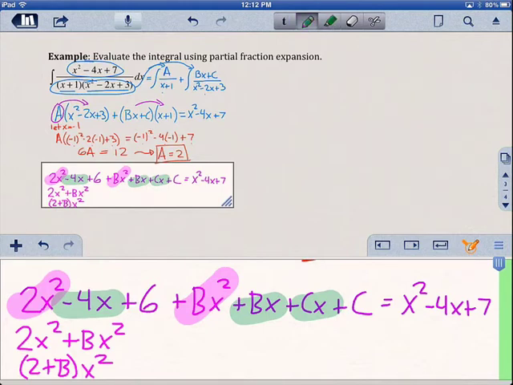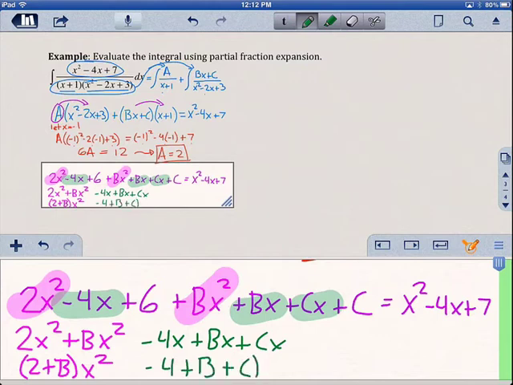So we have minus 4x plus Bx plus Cx. And we get -4 plus B plus C times x. And we'll just put a plus there. And then we have our constants. So C and 6. Those are both constants. So we'll group those together.